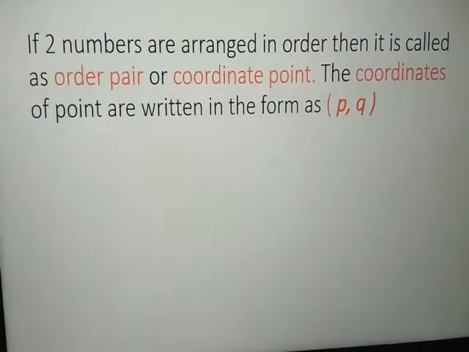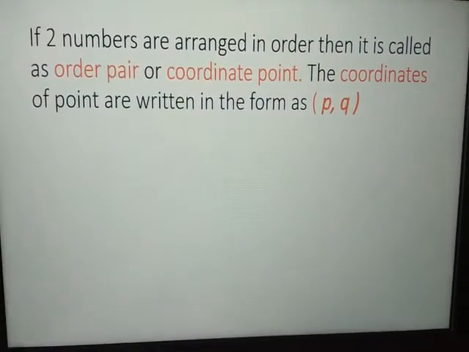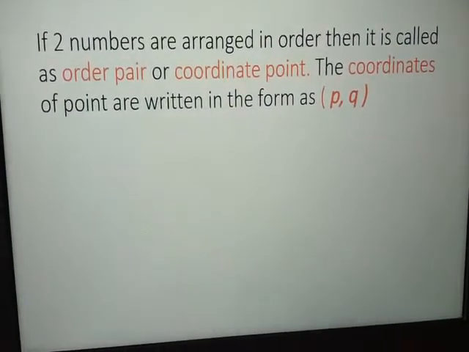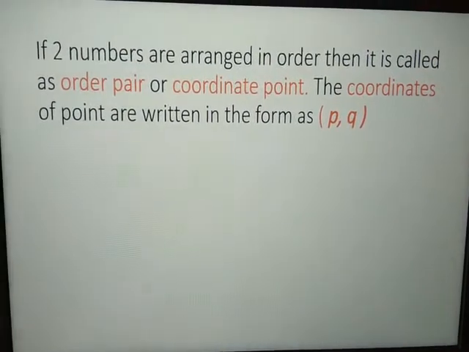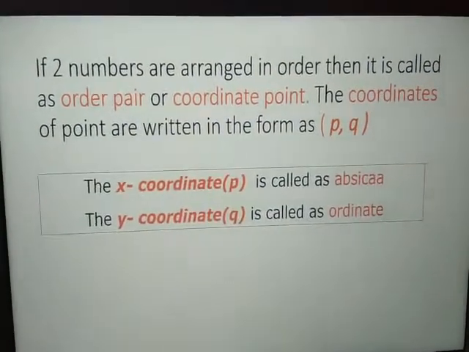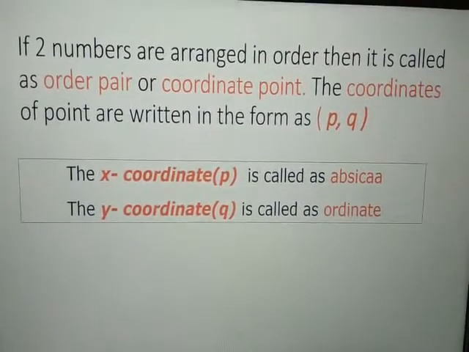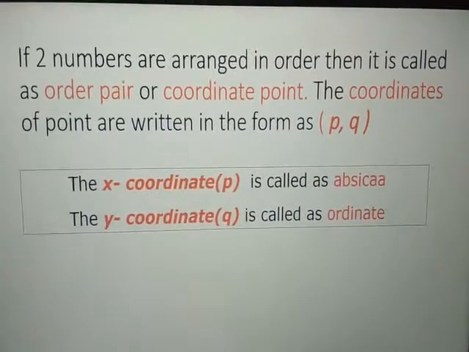Coming to the main topic of today's session, generally we write the ordered pair as (p, q). The first point p is the value of x and q is y. In other words, the x coordinate is also called the abscissa and the y coordinate is also called the ordinate.